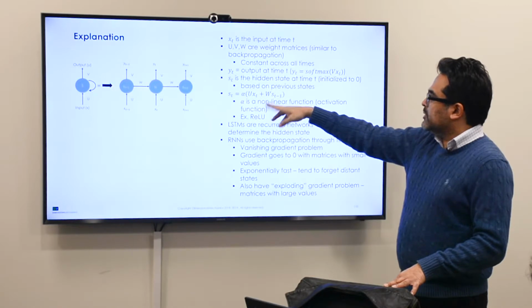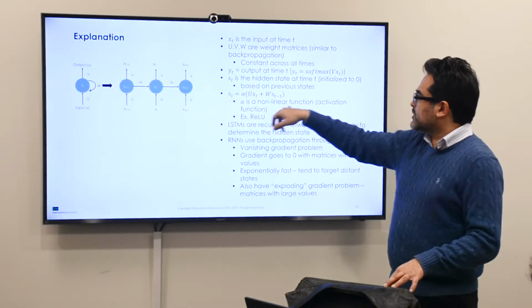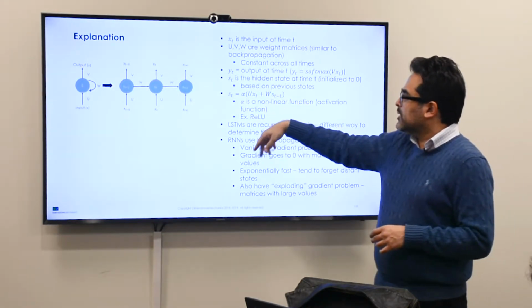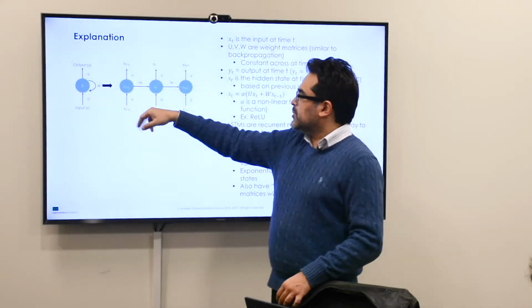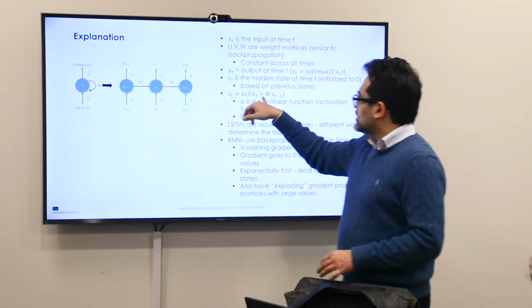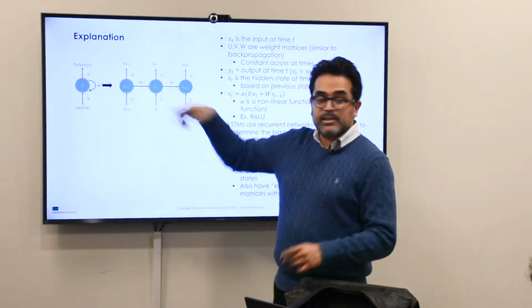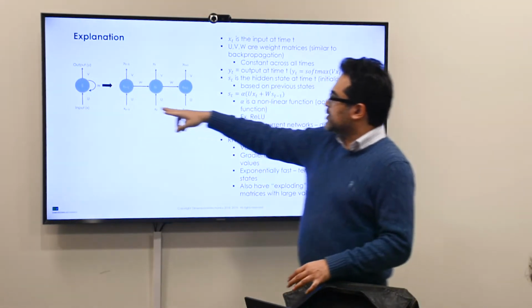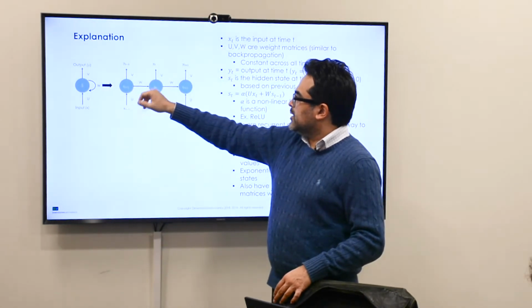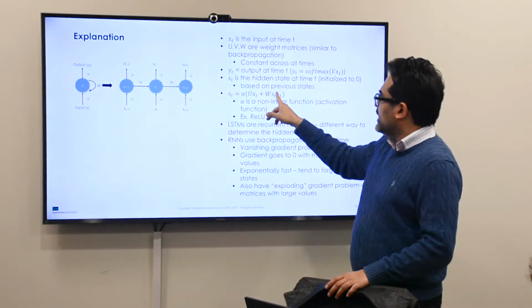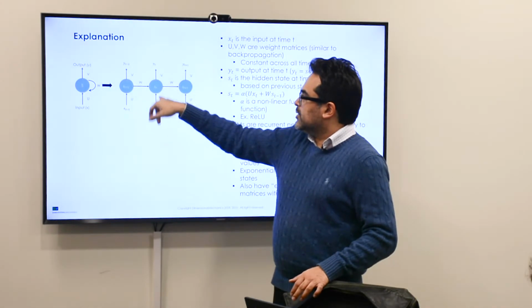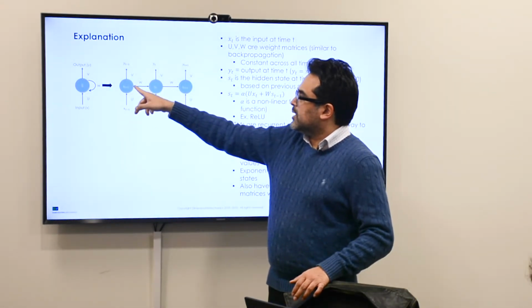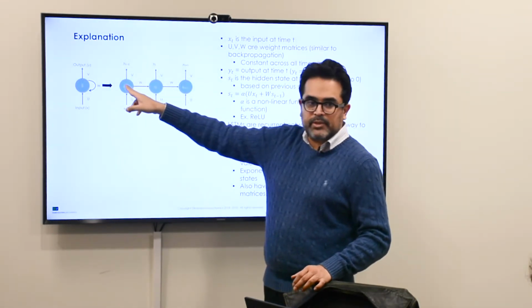And then the state itself is some nonlinear function of the sum of the input, xt. So this is exactly what I was talking about. You'll notice you have an input matrix, U, going into that, plus you have the weight matrix times the previous state, s(t-1).